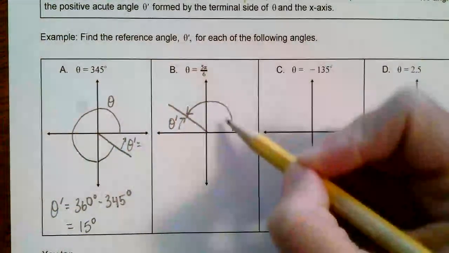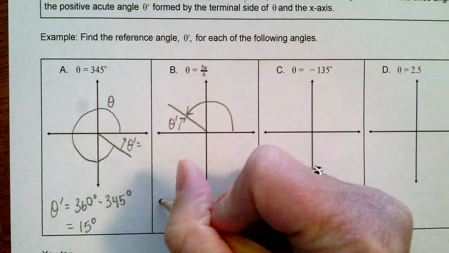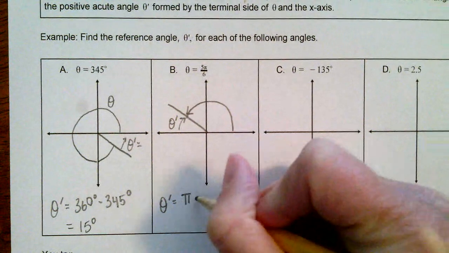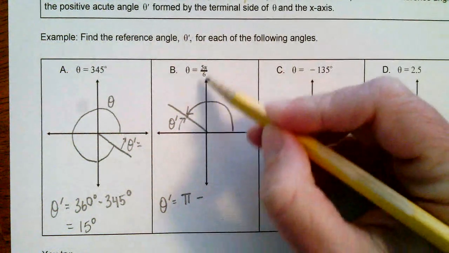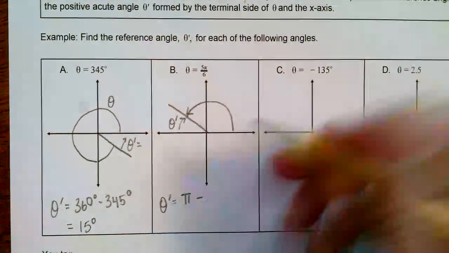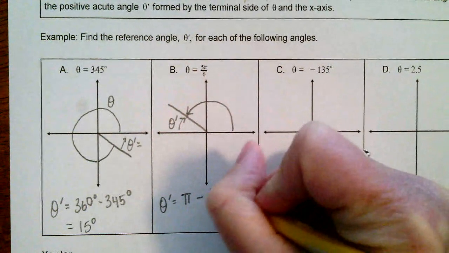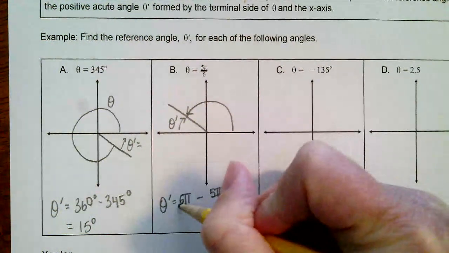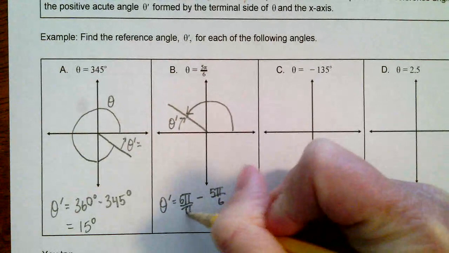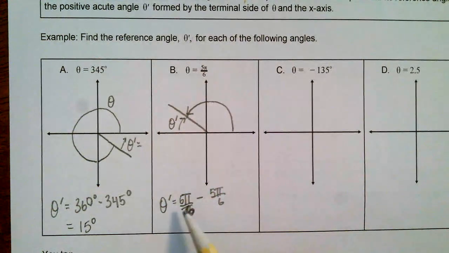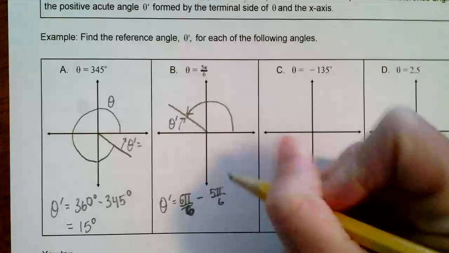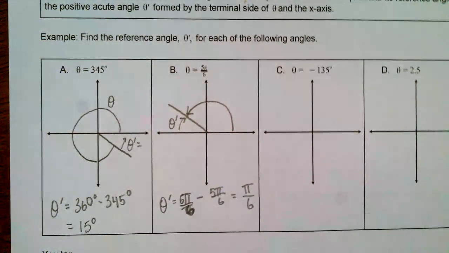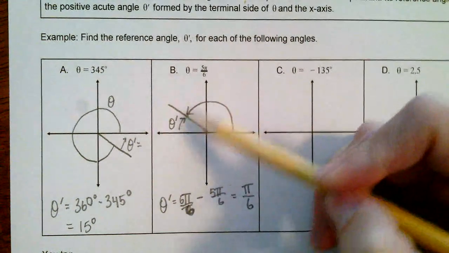Right here, I can see that's pi minus 5 pi over 6. I remember that pi is 6 pi over 6, and 6 pi over 6 minus 5 pi over 6 is pi over 6. So my reference angle here would be pi over 6.